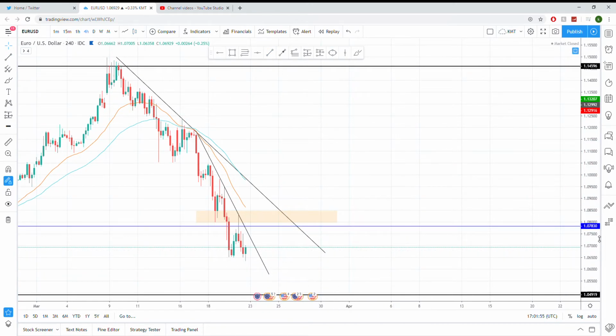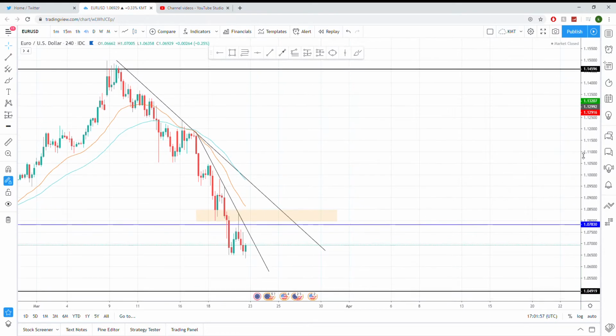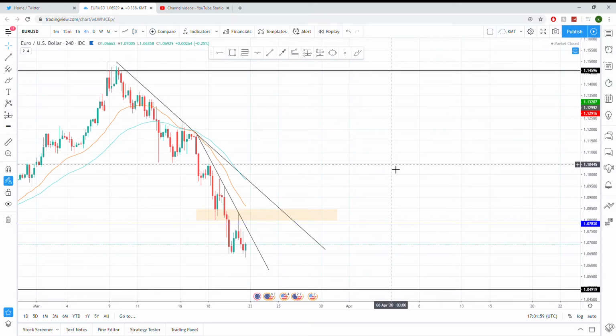Some traders do this and some don't, but I think it's a good way to look at momentum within the actual trend line, because sometimes when the market pushes extremely fast in one direction, it is looking for a big pullback to at least test the outer trend line here.